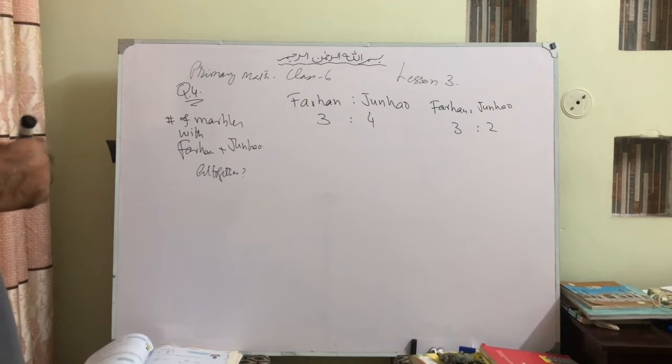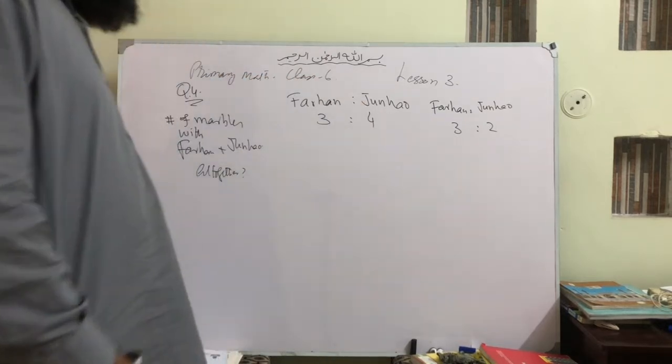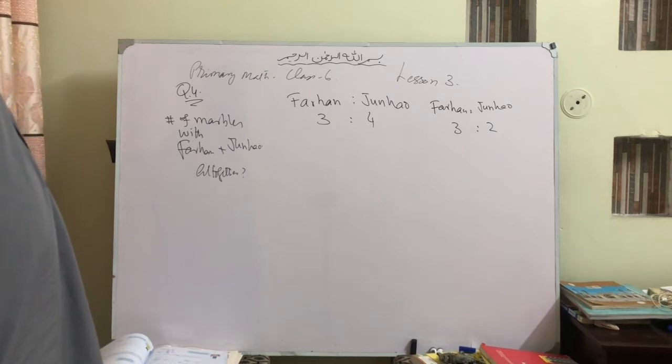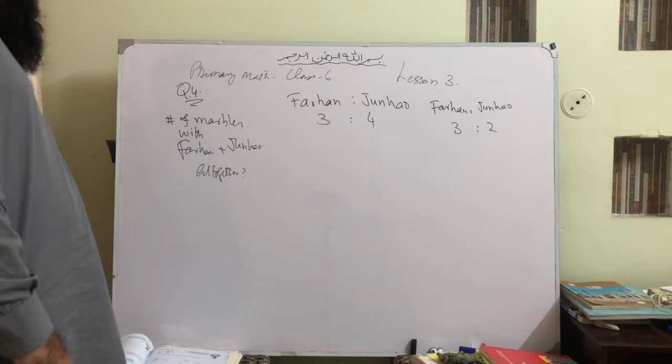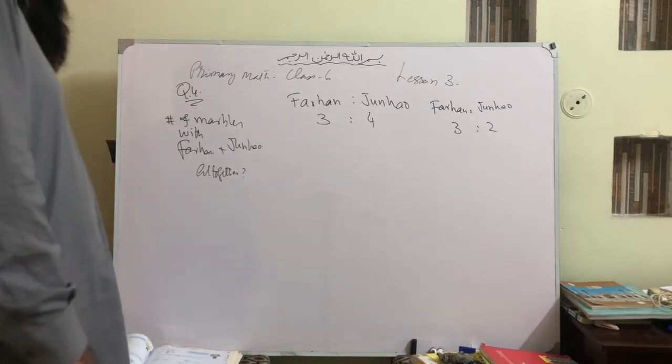So this question says Farhan and Junhao have the ratio of 3 and 4 for the marbles, and after Farhan got 15 more marbles, the new ratio became 3:2. So we need to know how many marbles they had altogether.